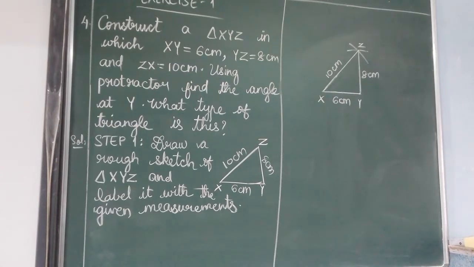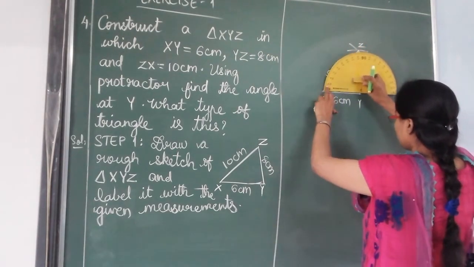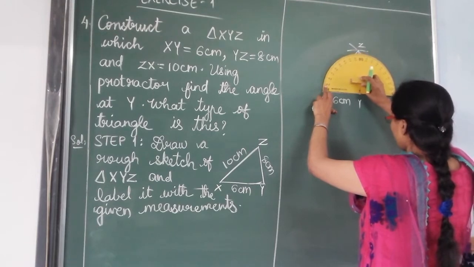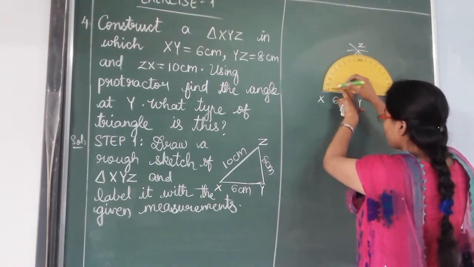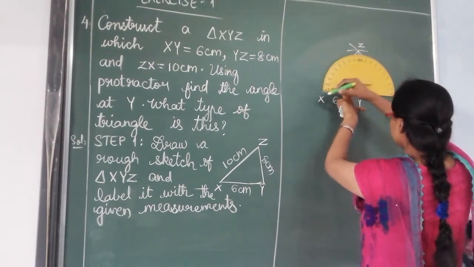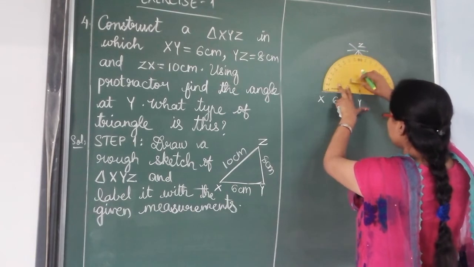Now in the question they asked you to find the angle at Y. Use your protractor and keep it such that the 0 line is matching with the baseline, and then this is 90 degrees.